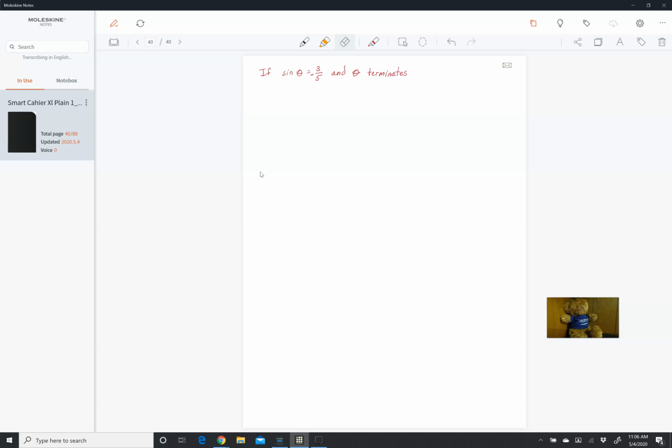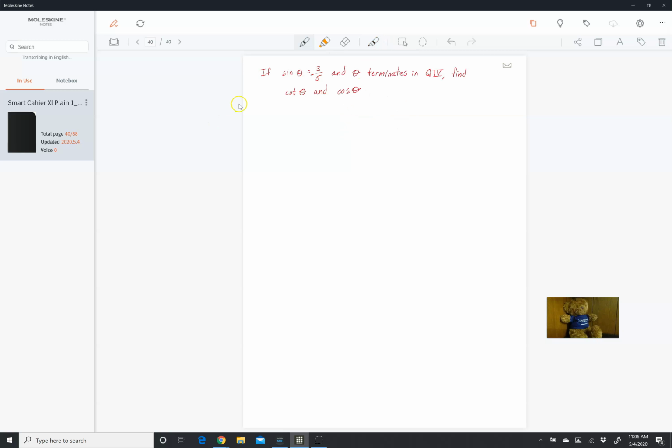So it's actually negative 3 over 5, because sine is negative in quadrant 4. Let's find the cotangent of theta and the cosine of theta. We don't have to find all of them, we'll just find those two. So our process here is the same. Nothing is going to change.